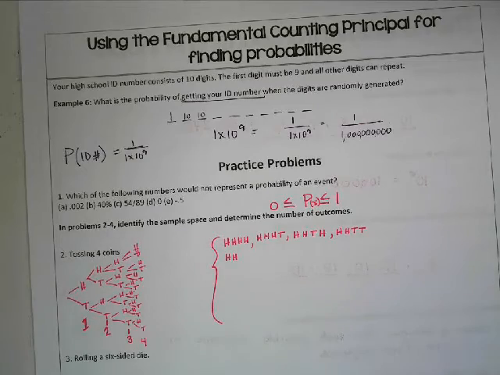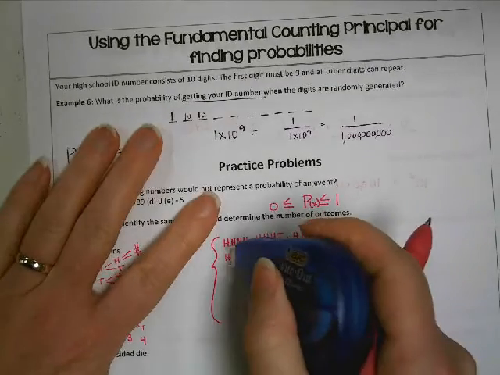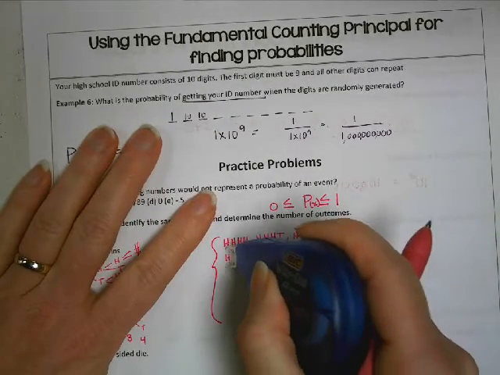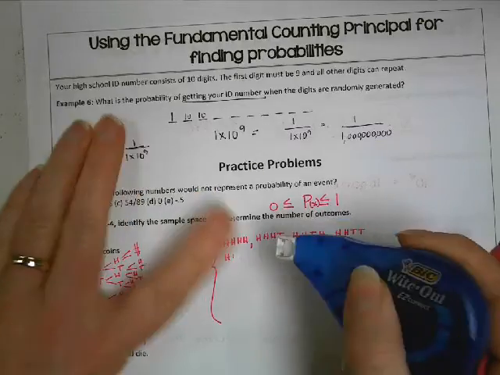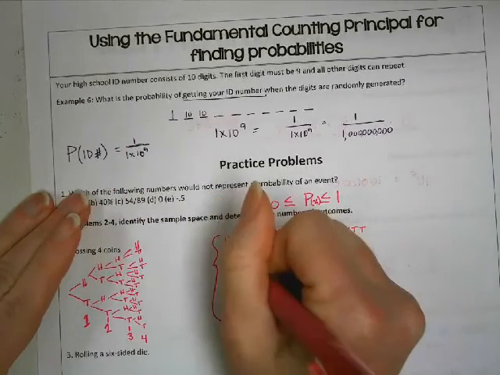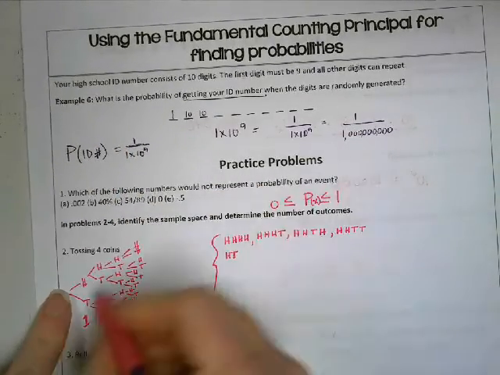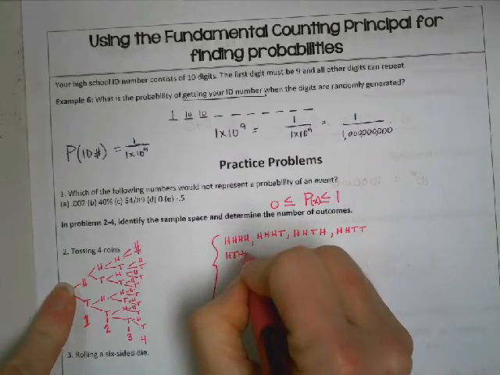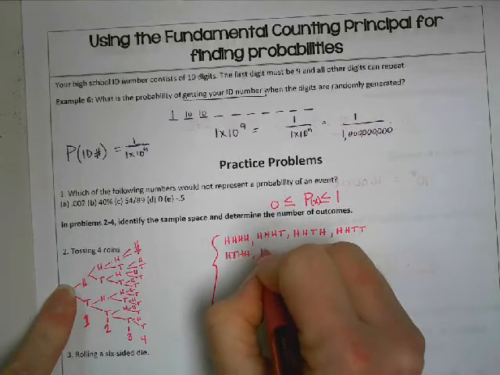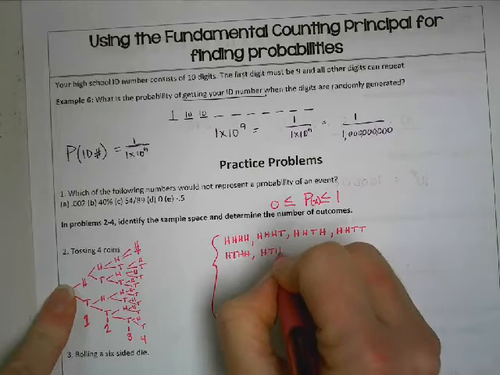That's a lot. Tails, tails. Oh gosh. 1, 2, 3, 4, 5, 6, 7, 8, 9, 10. Okay, it's about 16.